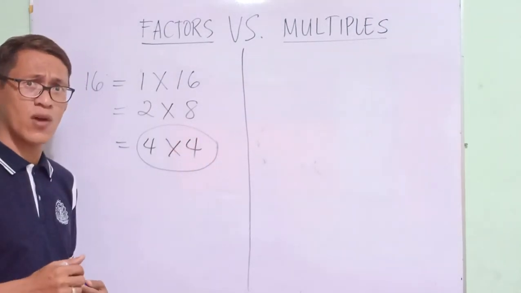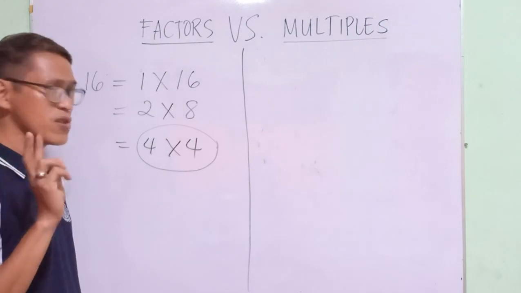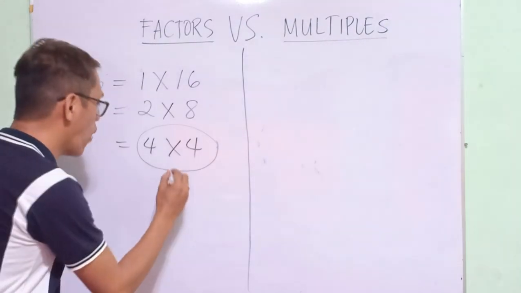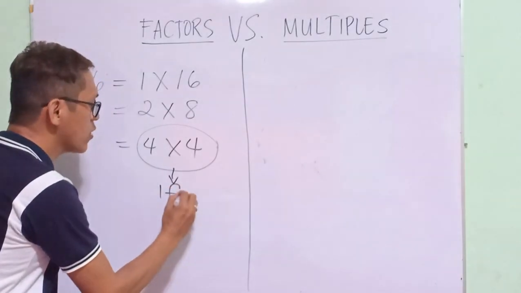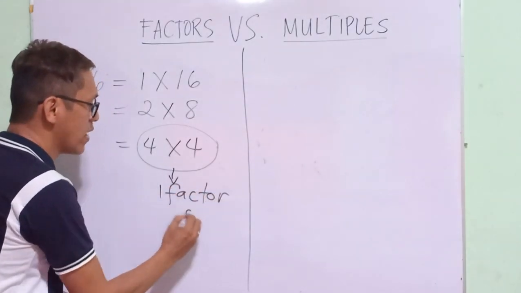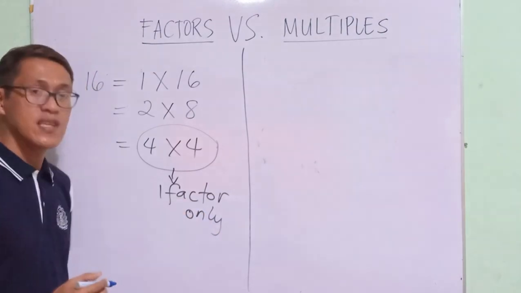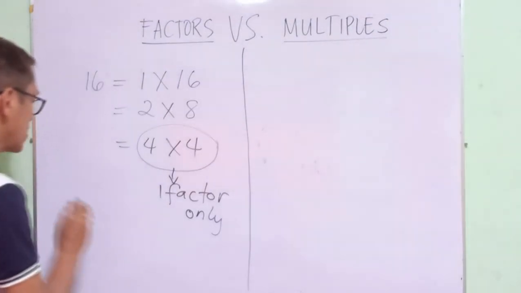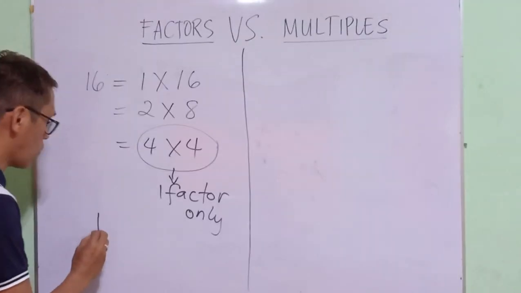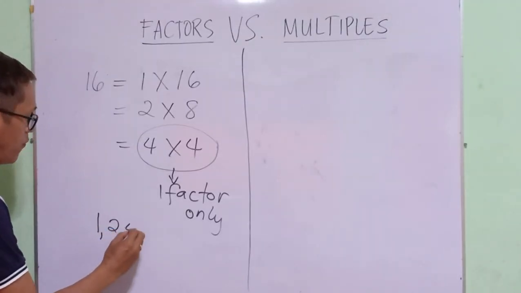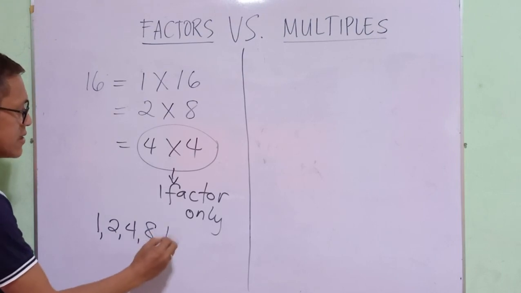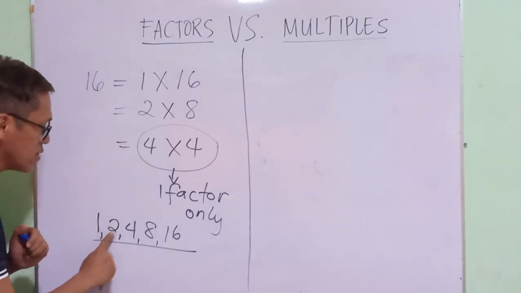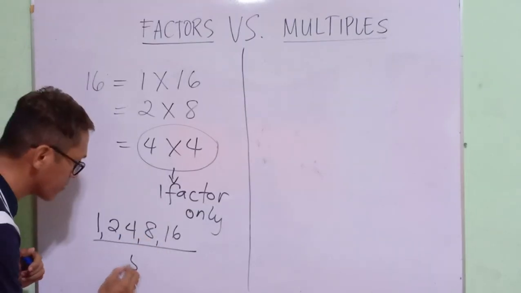They are just the same, right? If there are two factors that are just the same, you just count them as one factor. So if you list down the factors from least to greatest, the factors of 16 are 1, 2, 4, 8, and 16. So if you notice, 16 has 5 factors.